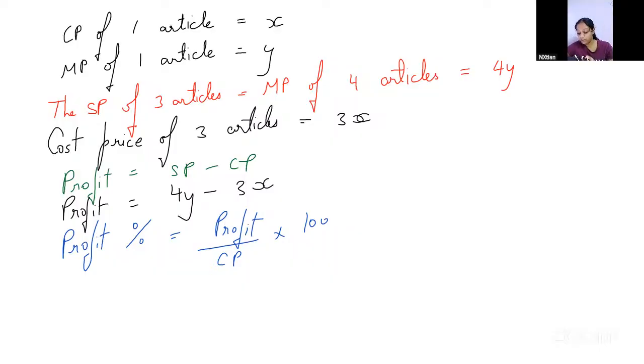So let's put in the values. What is my profit? X. Cost price 3X, into 100.